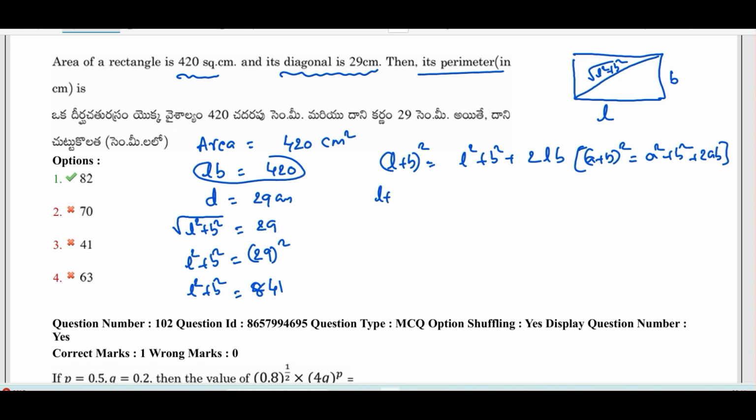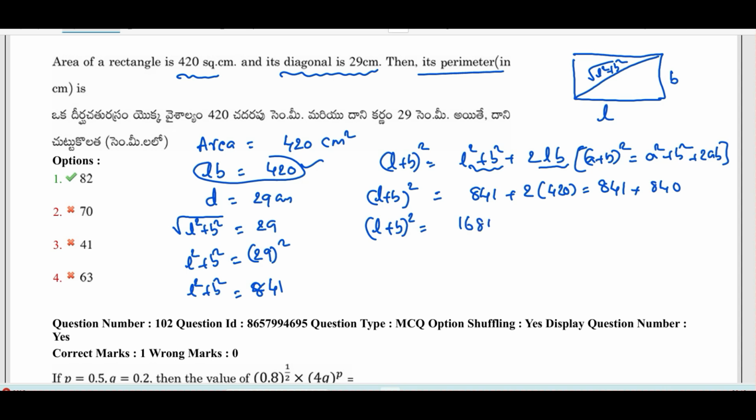So L plus B whole square is equal to the L square plus B square value, which we know as 841, plus 2 times L into B, which we got as 420. Multiplying, 2 times 420 is 840, and adding this to 841 we get L plus B whole square equals 1681.